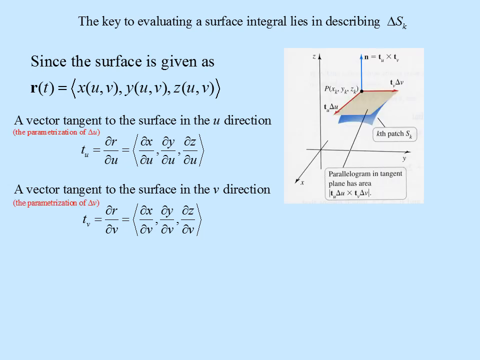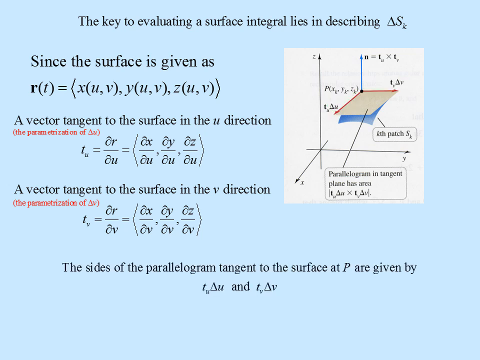So here, if you look at the picture, you'll notice that we have a tangent vector in the u direction. That's here. We have a tangent vector in the v direction. That's here, multiplied by some component. So again, all we're doing is saying, okay, we're adjusting the length of these tangent vectors by multiplying by delta u and delta v.